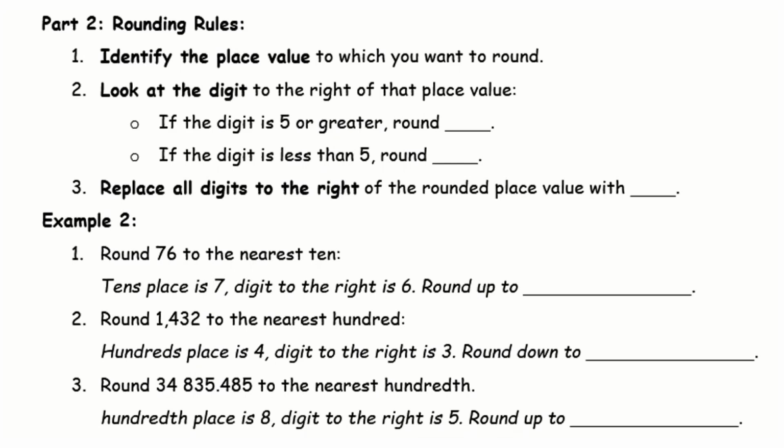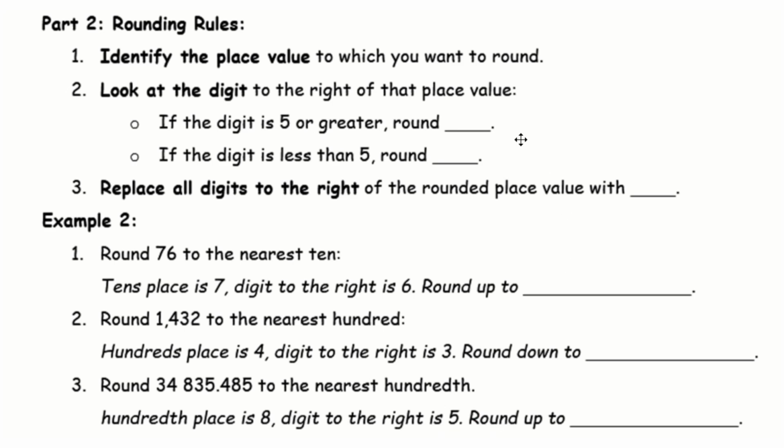The rounding rules: step 1, identify the place value to which you want to round. Step 2, look at the digit to the right of that place value. If the digit is 5 or greater, we round up.